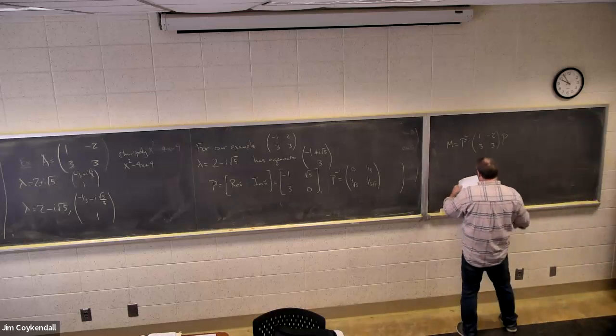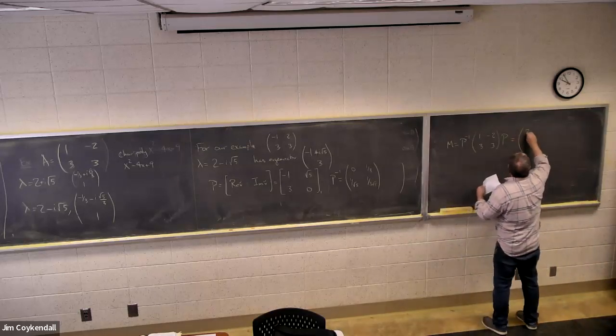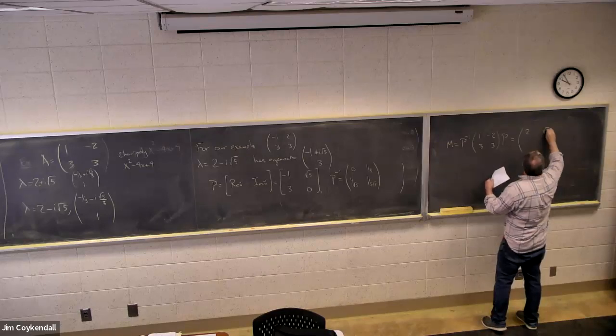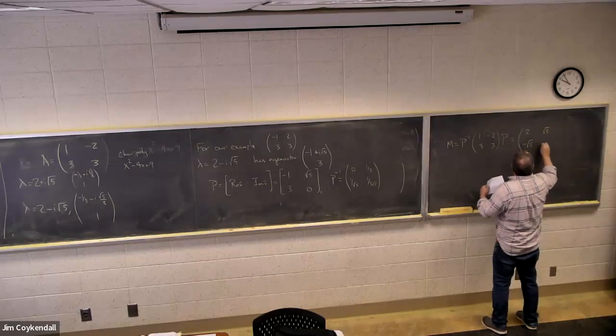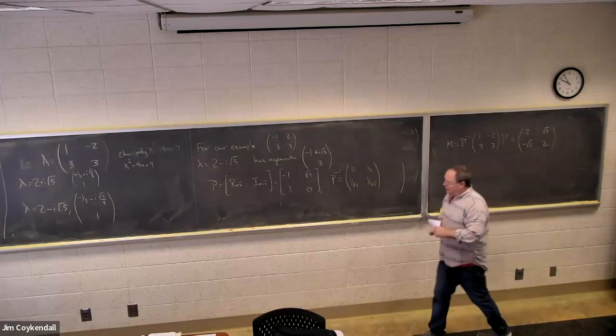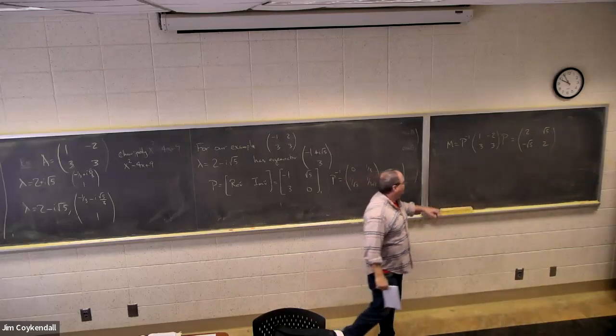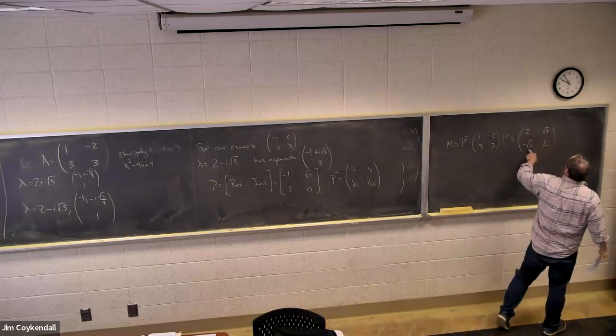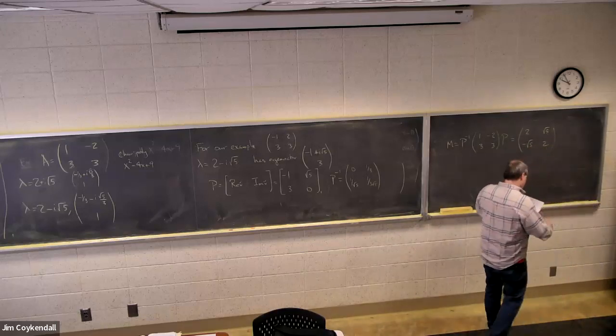I actually got 2, radical 5, minus radical 5, 2. Notice this is exactly that form that we have: A, minus B, B, A, like that.